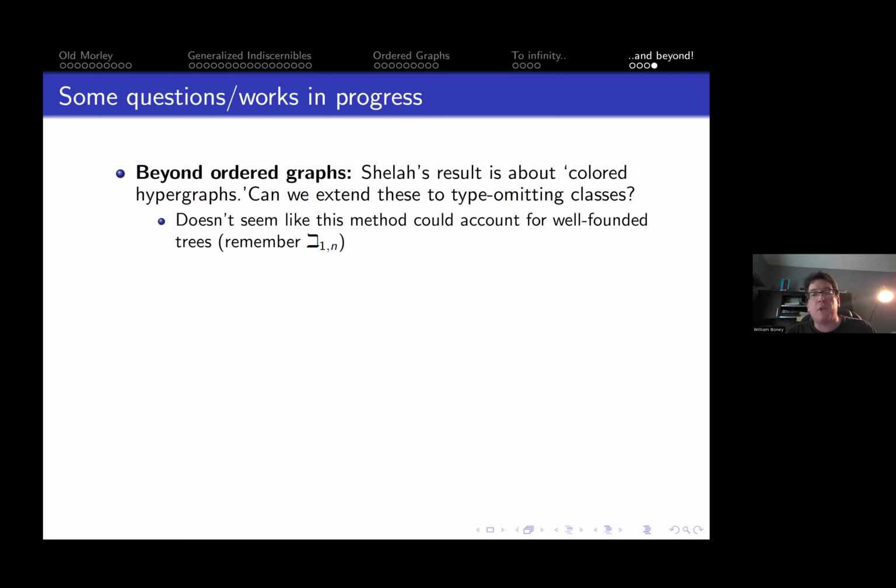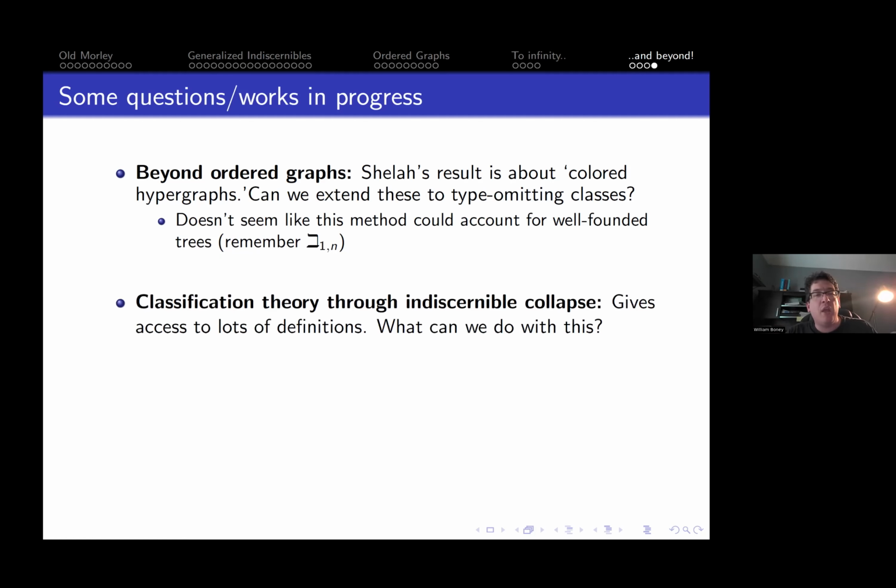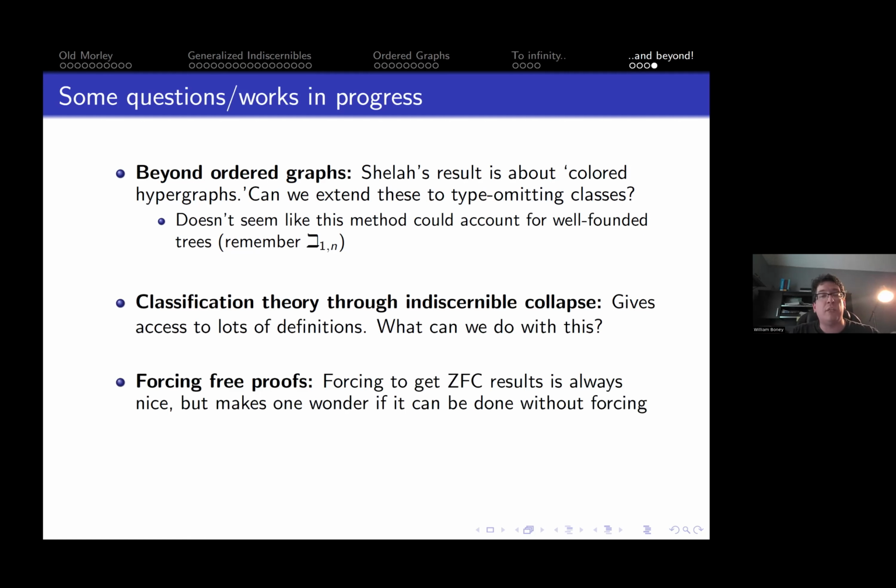This is some work in progress we're working on. Then, thinking more about applications, this lets you define a bunch of dividing lines through indiscernible collapse. What can you do with this? How far can you push this? And there are a lot of open questions here.